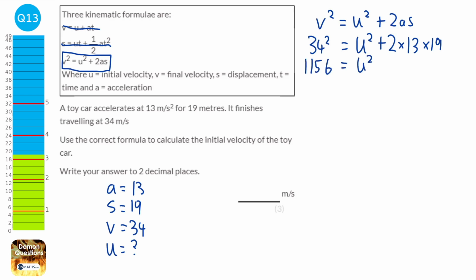And so we've got 2 times 13 times 19, which is what, 494. And it turns into a solving part, so we're just going to solve this. So the first thing I'm going to do is subtract 494 from both sides.